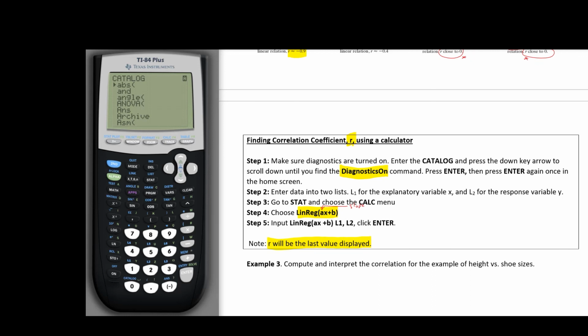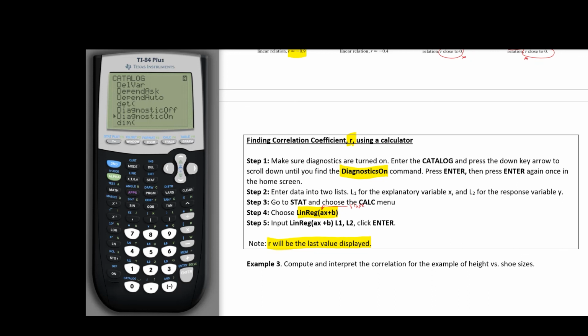We're going to look for the one that says diagnostics on. You just have to scroll down until you find it. It's not going to take too long. We'll get there pretty soon. Looks like, there we go. I see diagnostics on. This just adds extra detail to this linreg ax plus b function. This is the purpose of this.